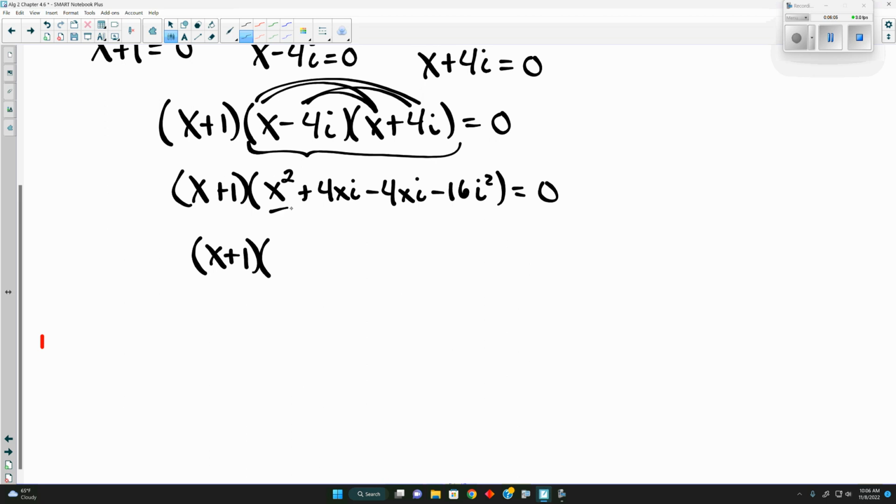When we combine like terms, well, we have x squared. 4xi minus 4xi is 0. Now, what did we say i squared was? Almost, it is negative 1. So what do we really have here? Negative 16 times negative 1, it's just positive 16.